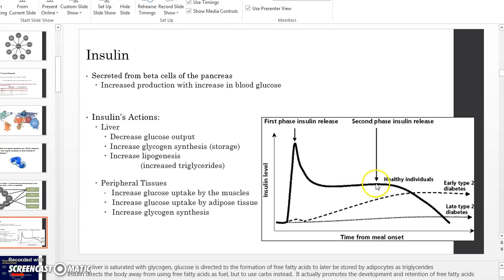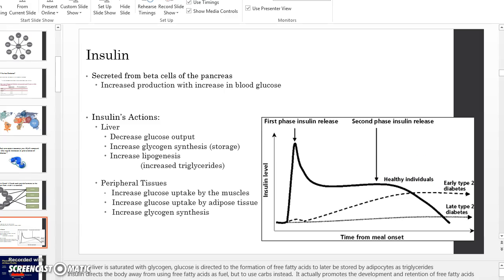The second phase is released much more slowly. It's a gradual increase in insulin secretion over an hour to an hour and a half to 2 hours after you've consumed your meal. And this stimulates glucose uptake by the peripheral tissues. So this is where about 80 to almost 85% of the glucose metabolism occurs within the muscle, during the second release of the insulin phase.